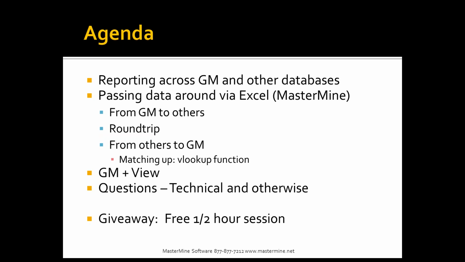And I'm going to suggest that a round trip is a good way to go, where you, let's say, out of your GoldMine, generate a list of leads, prospects that you want your distributor to follow up on. Use MasterMine to do that.